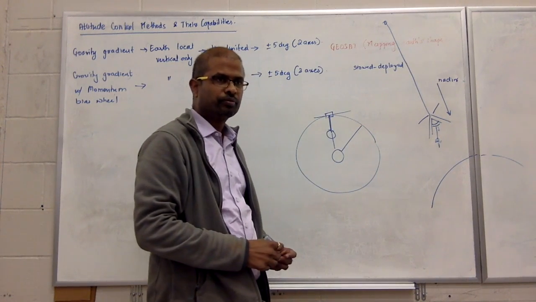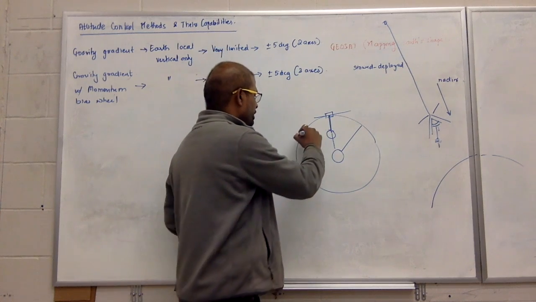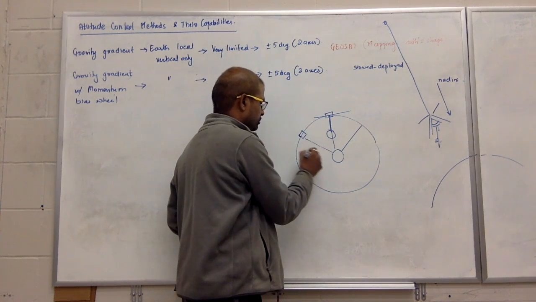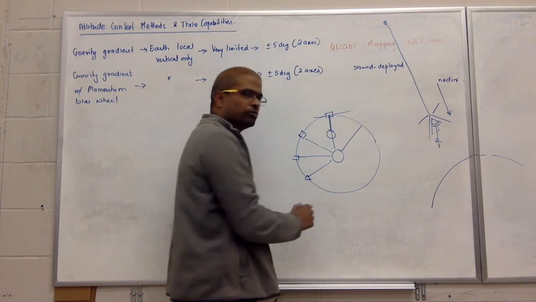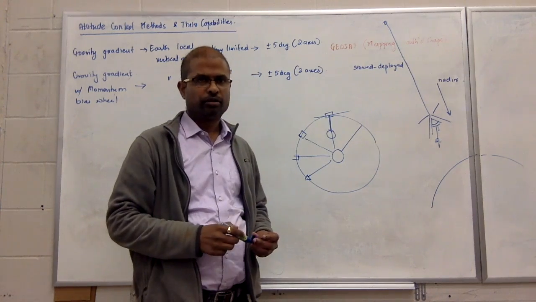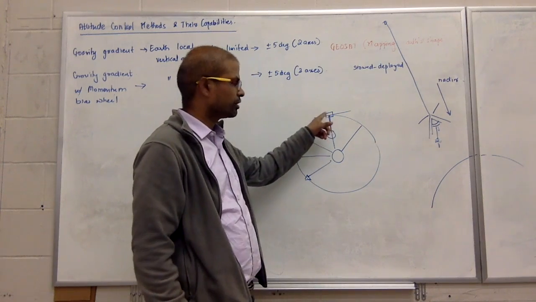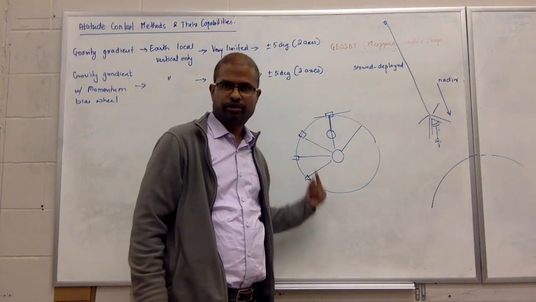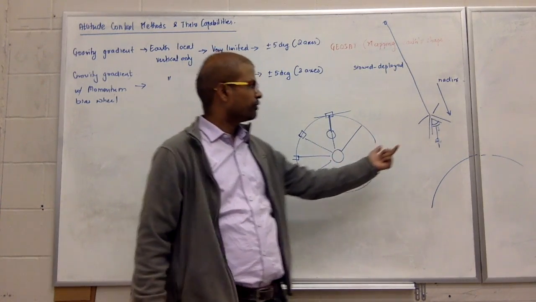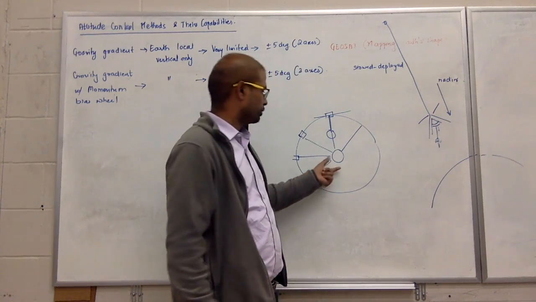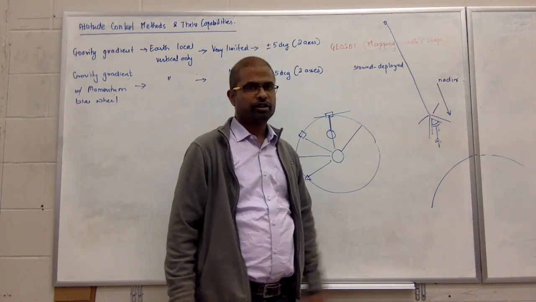You got it? So wherever it is at the time, if it aligns like this, it will always be like this when it orbits. It keeps on orbiting. So if you have a camera here, it will always be pointed toward Earth. That's a nadir pointing satellite.